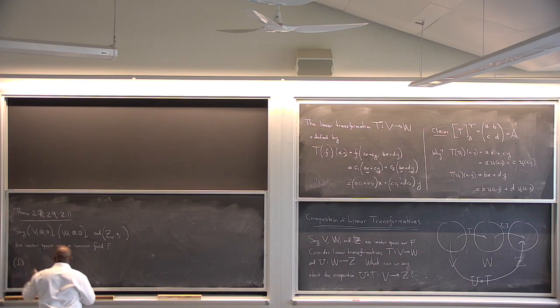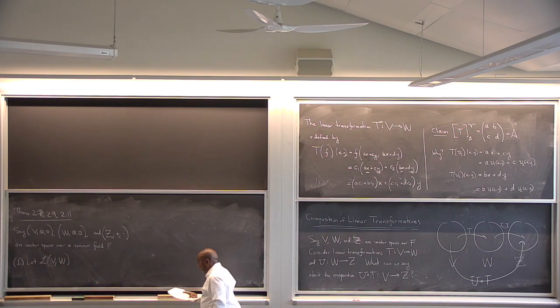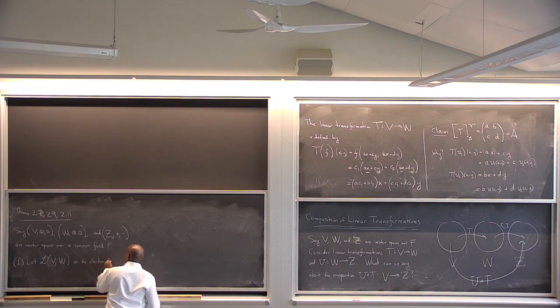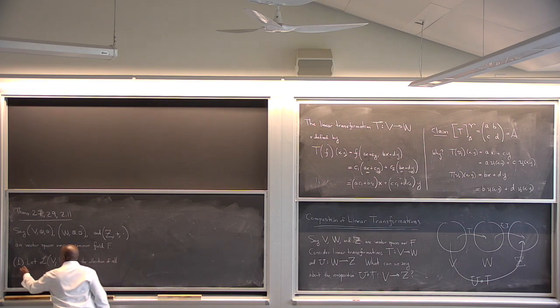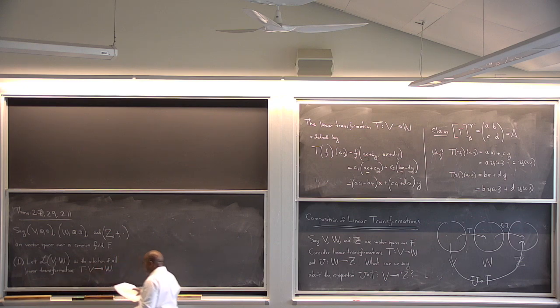Number one, let's denote the script L(V, W) as the collection of all linear transformations T going from V to W. Then I claim that this is a vector space.